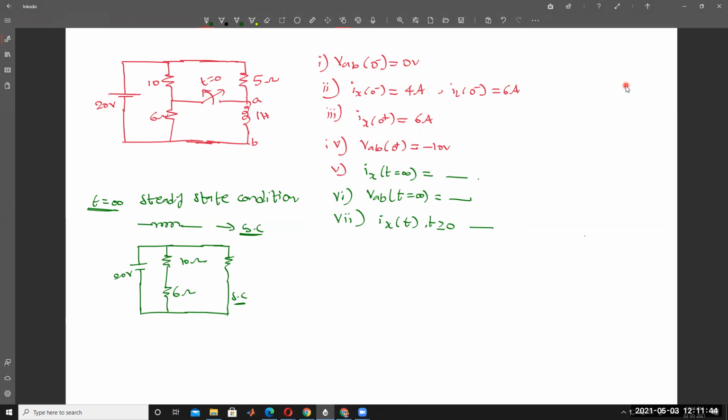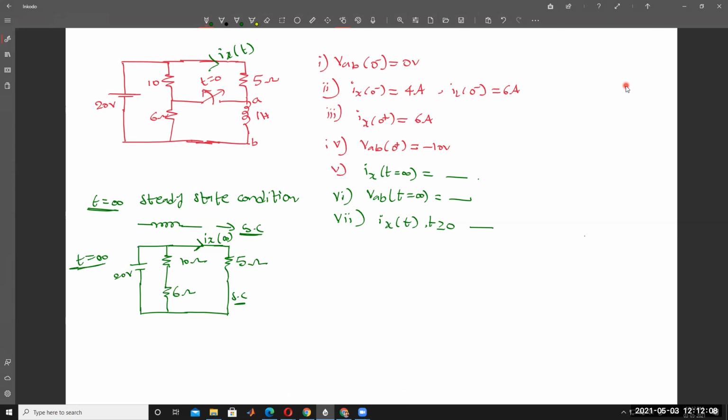Here 5 ohms, this is Ix of t. So under t equals infinity condition, this is the circuit. The inductor is short circuited, and this is Ix of infinity.